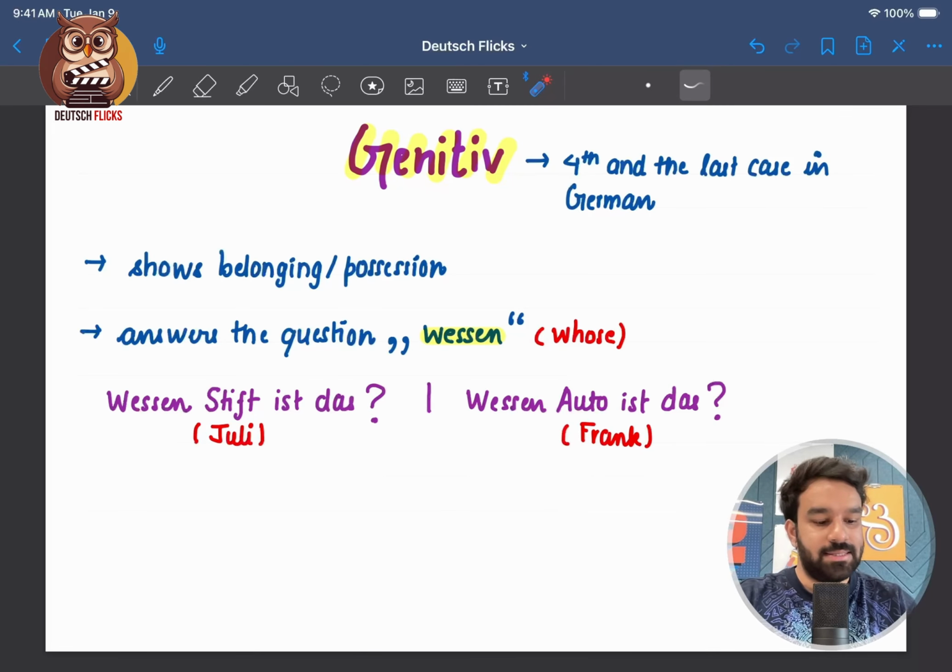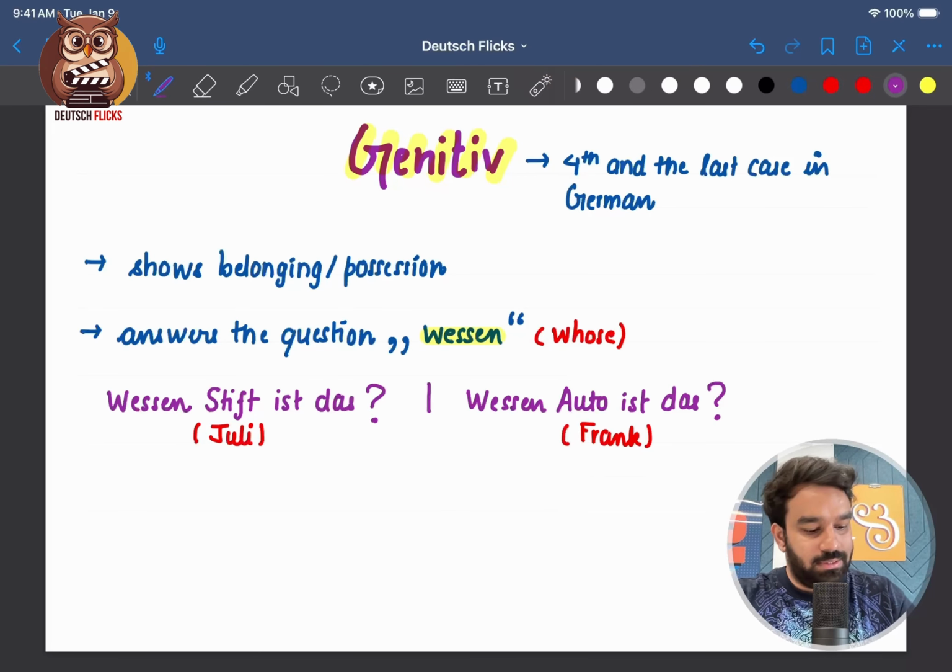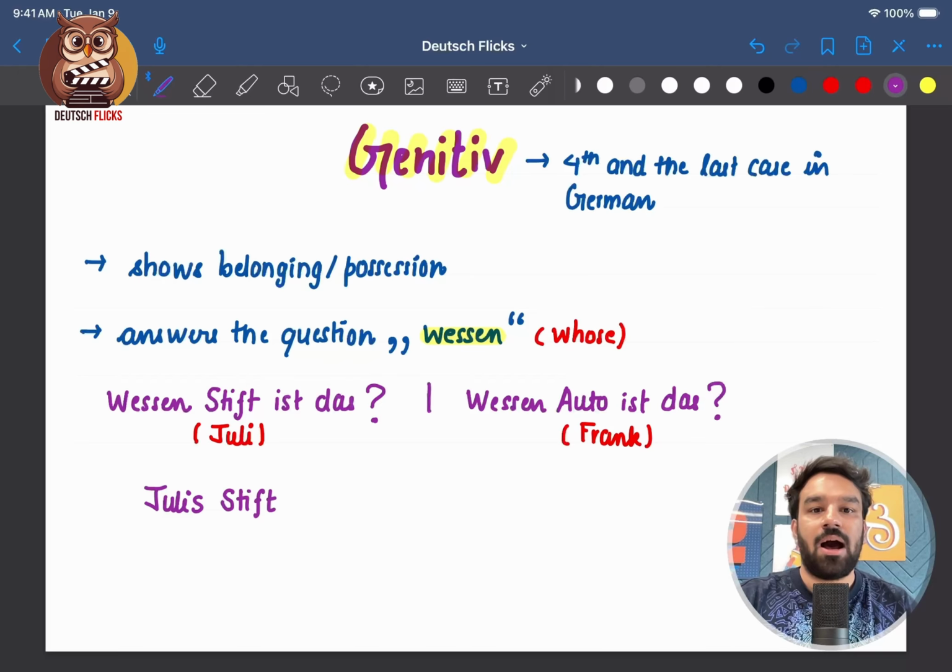So Yuli's pen becomes Yulis Stift. I will put only S. There's no need of apostrophe. Now Frank's car will be, I have to write the name as it is. There's no need of apostrophe, just write S and then Auto.